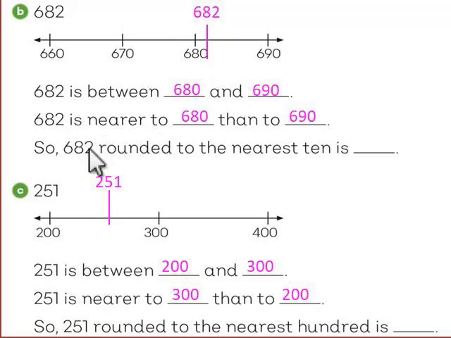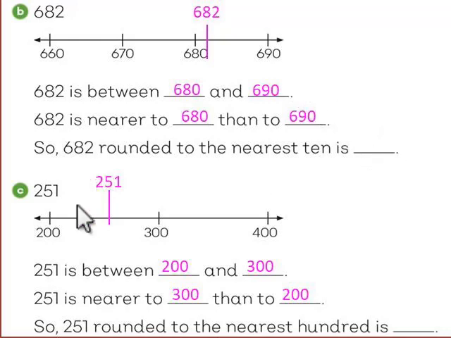So when we round 682 to the nearest 10, which number is near to 682? Is it 680 or 690? What is the answer?